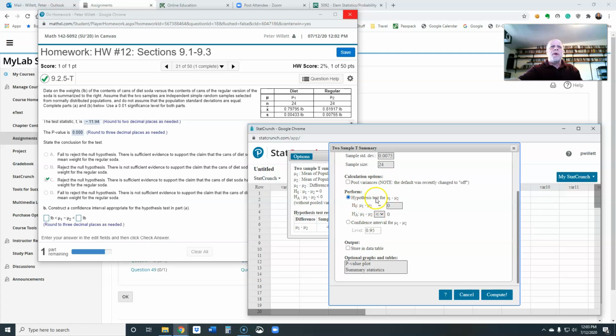Instead of choosing the hypothesis test, I'm going to switch over to a confidence interval. And we have a one-tailed confidence interval at 0.01. So instead of 0.95, which is the default, I want 0.99 for my confidence interval, because that matches up with a 0.01 significance level. And I'm going to hit compute.